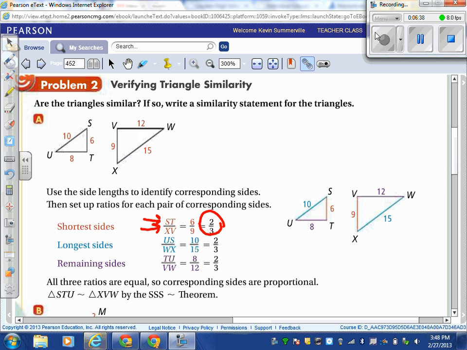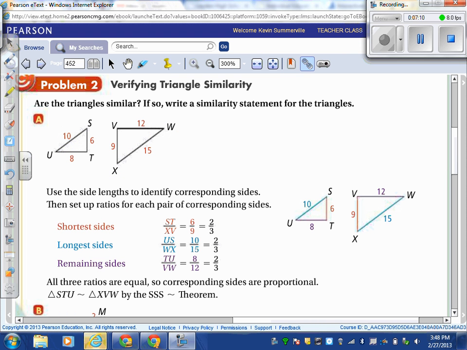Now you need to take a look at another side. In this example, they're taking side US, which is the same as WX on this side, both the hypotenuse.